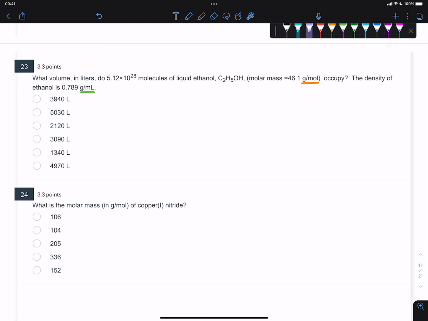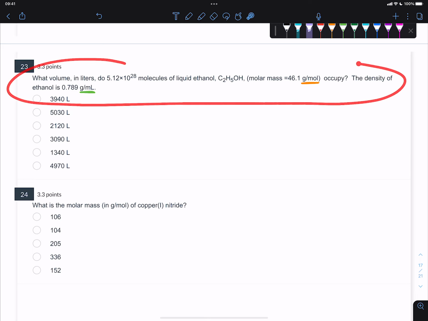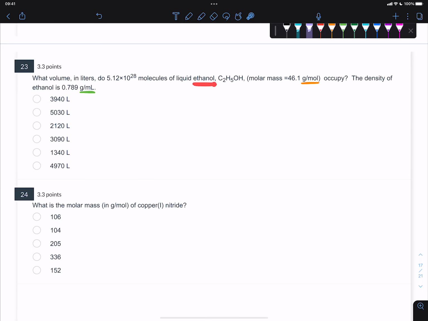Suppose this professor wanted to give you a question almost exactly like this practice test, and they still were going to use ethanol. They would only be able to change how many molecules there are, because they can't change the molar mass of ethanol or the density of ethanol. So that gives you a clue that you need to start your problem off with the one thing that's not set in stone, so to speak. So that's going to be 5.12 times 10 to the 28 molecules of ethanol.